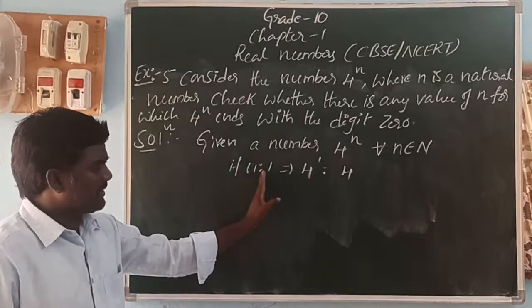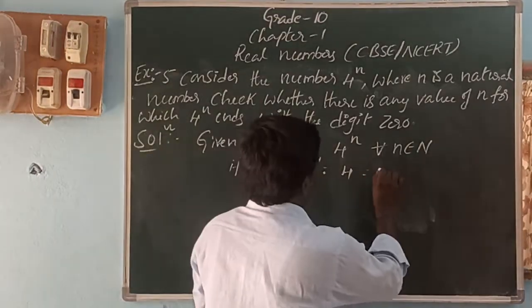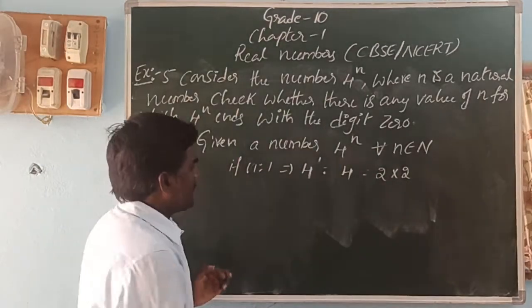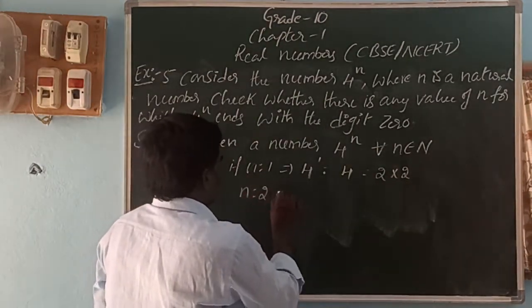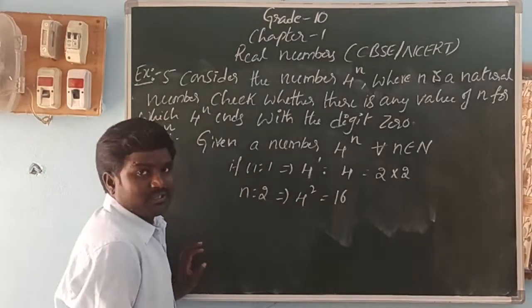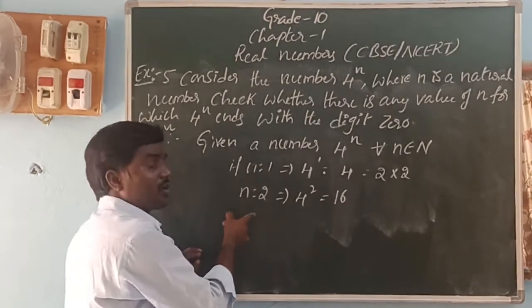So 4 ends with the digit 4. How can we write 4? 2 into 2. Its prime factorization is 2 only. Next n is equal to 2, that is 4 squared. That is how much? 16. So the number 4 power n ends with the digit 6 if n is equal to 2.